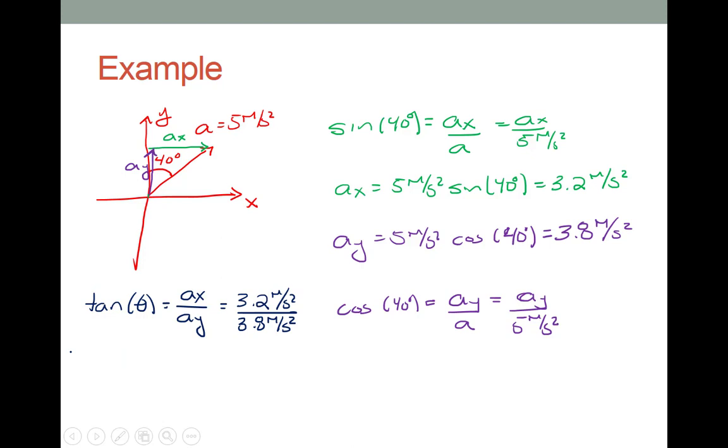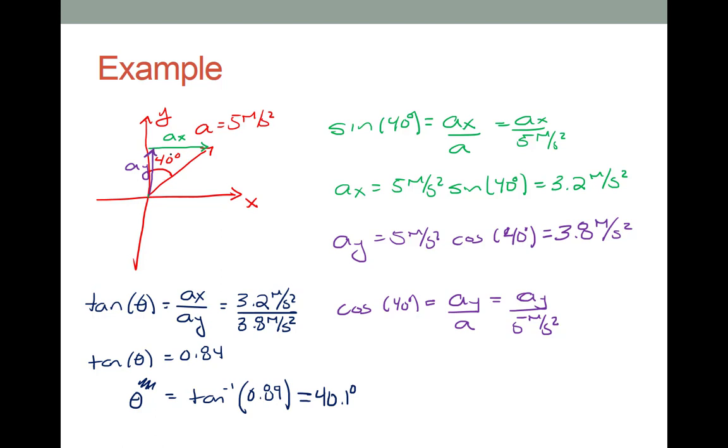If I take that ratio, 3.2 divided by 3.8, I get 0.84, and that equals the tangent of theta, which means theta is the inverse tangent of 0.84, which gives you 40.1 degrees.